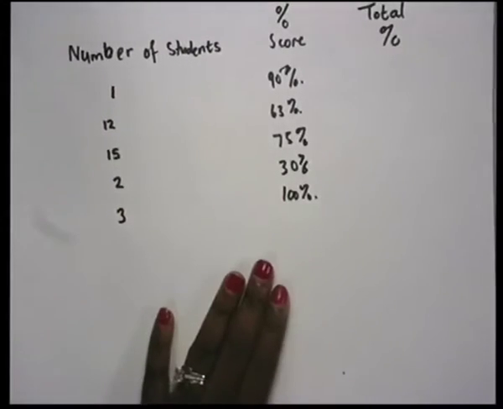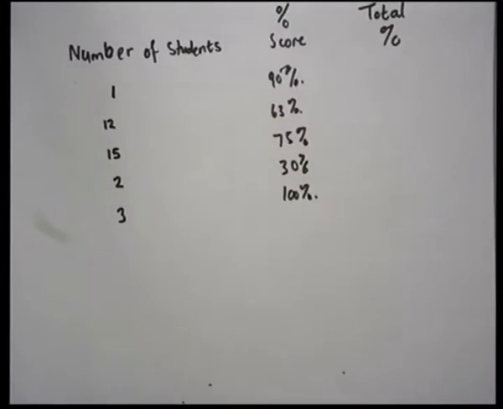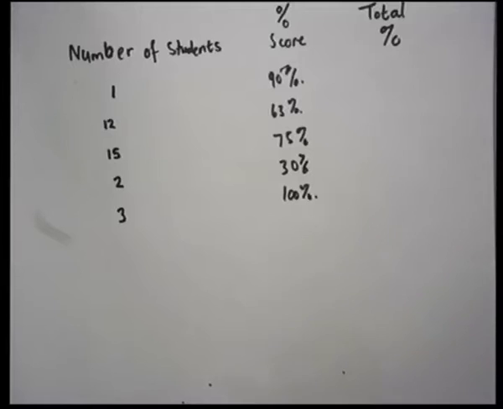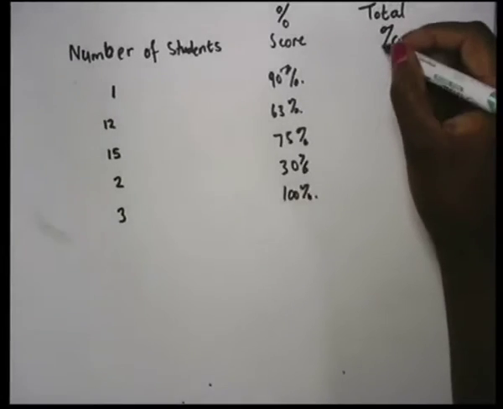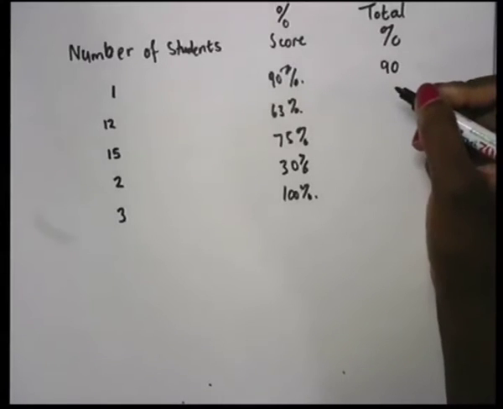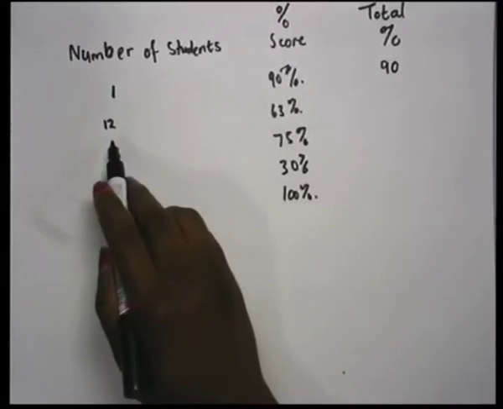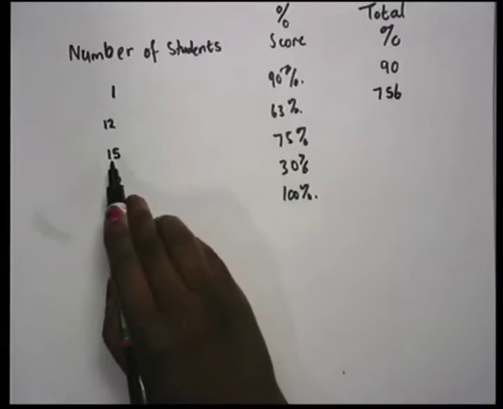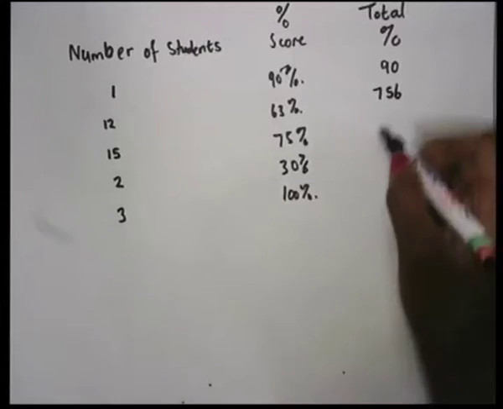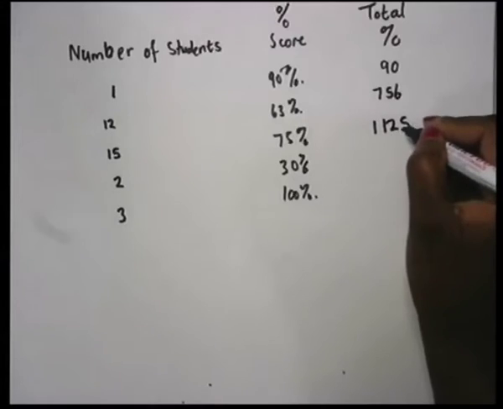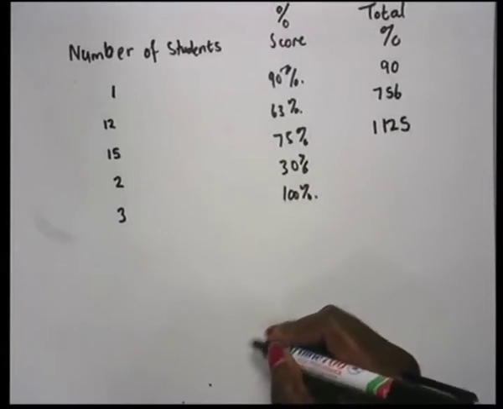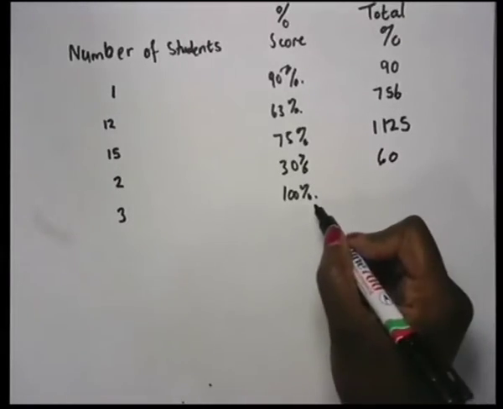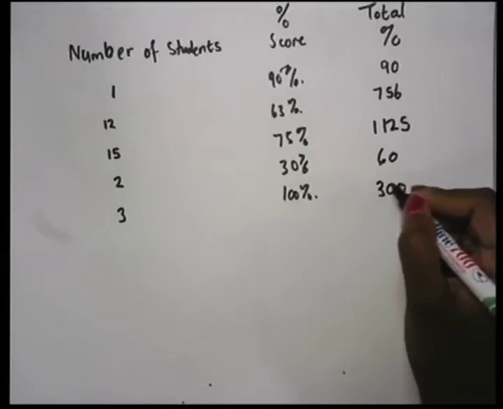Once you have written down all your information, now we are going to calculate the total percentage. By total percentage, I mean we take the number of students times the percentage scored. In this case, one student times 90% is equal to 90. 12 students times 63% is equal to 756. 15 students times 75 is equal to 1,125. 2 students times 30 is equal to 60. 3 students score 100%, which is equal to 300.